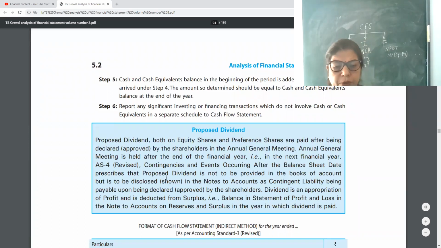So proposed dividend is not to be provided in the books of account, but is to be disclosed in the notes to accounts as contingent liability, payable upon being declared or approved by the shareholders. Dividend is an appropriation of profit, distribution of profit.